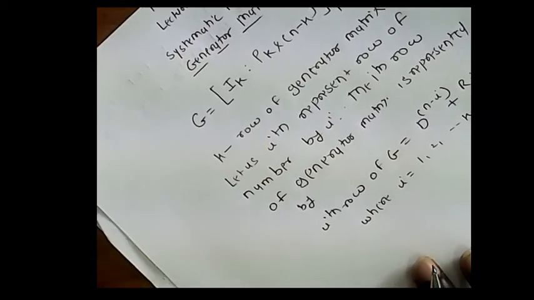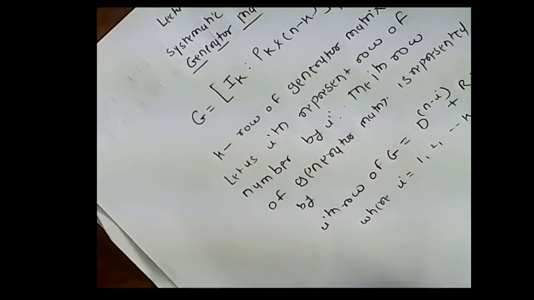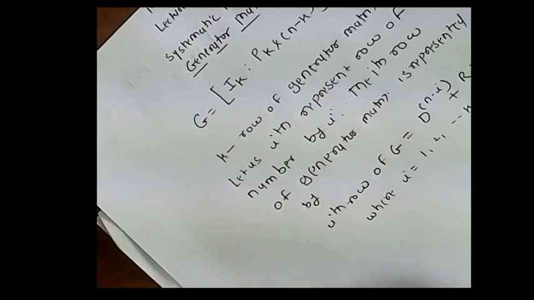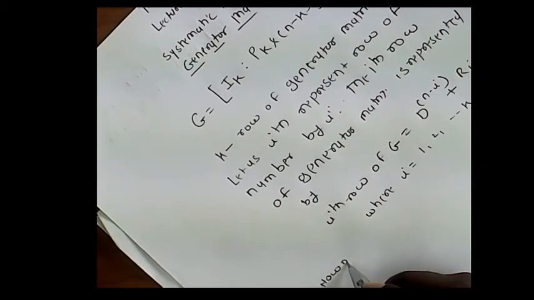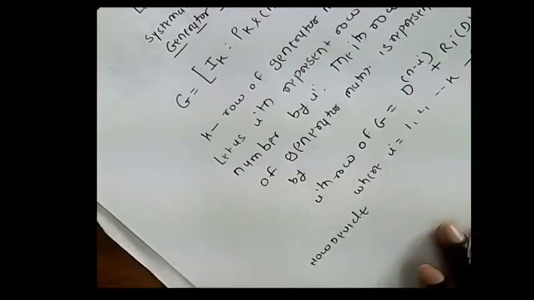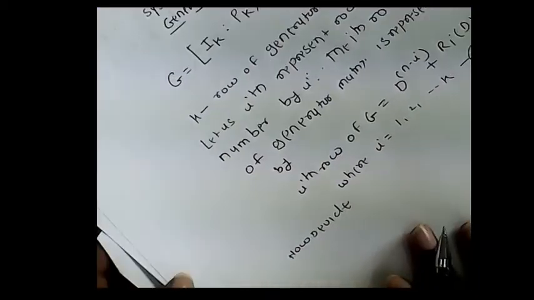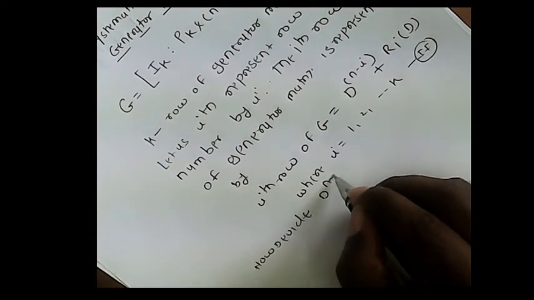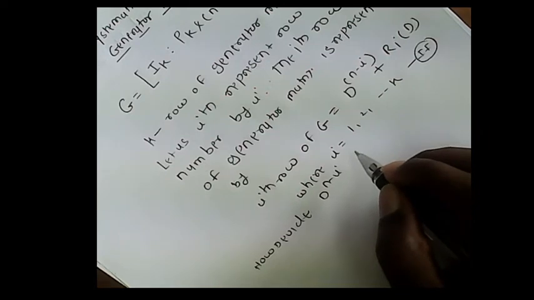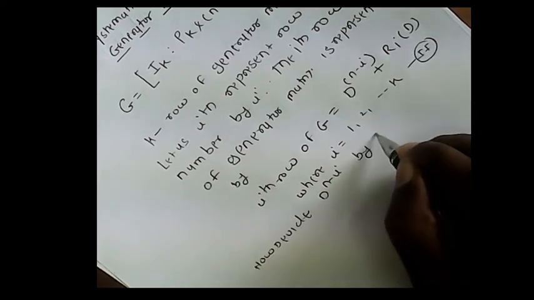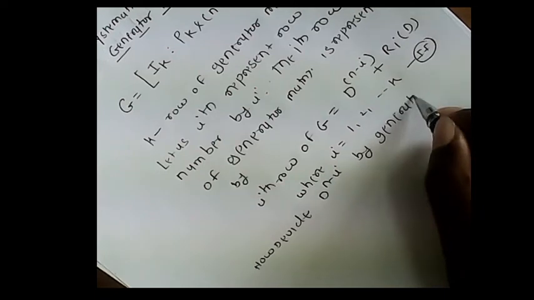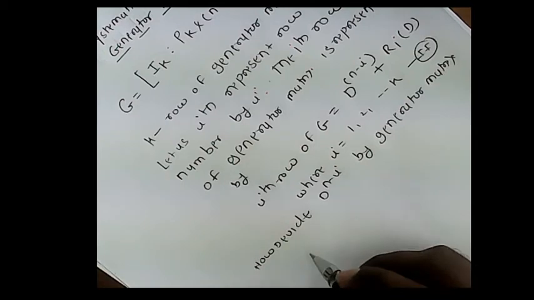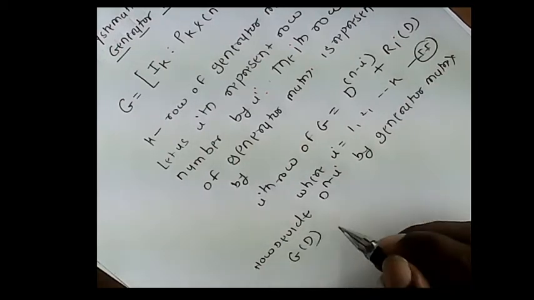Now divide d raised to n minus i by the generator polynomial g of d.